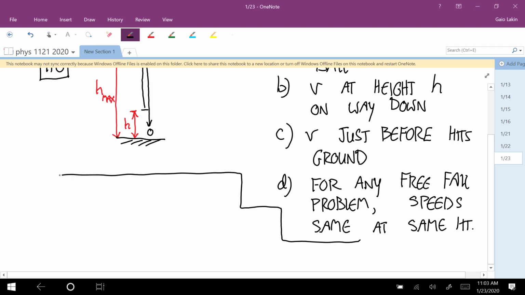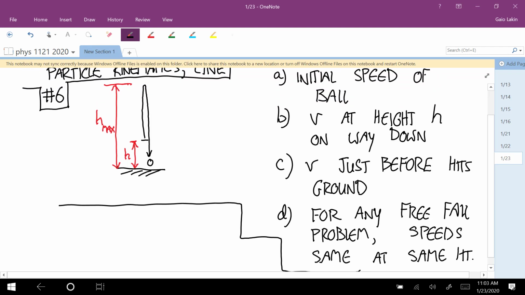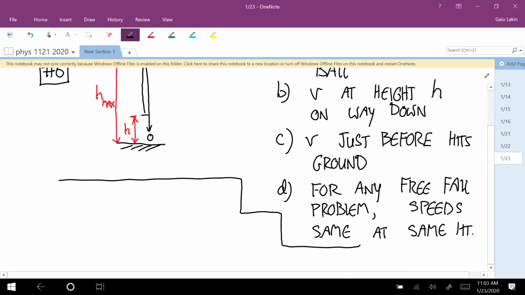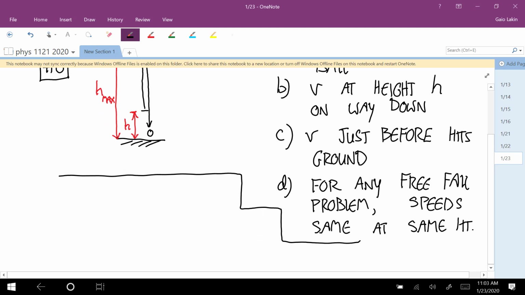All right, so this is just like the other problems we've done, the example problems I've done. The only difference is we're using variable expressions instead of numbers. So we already have h and h max.